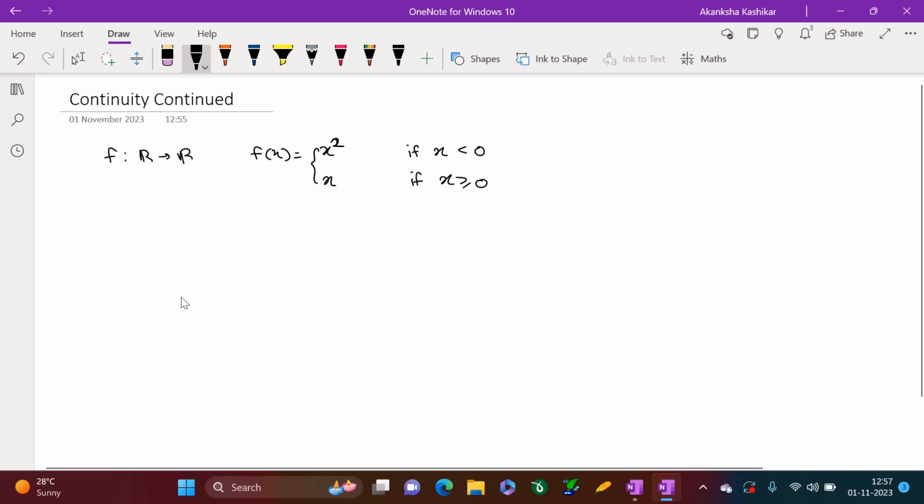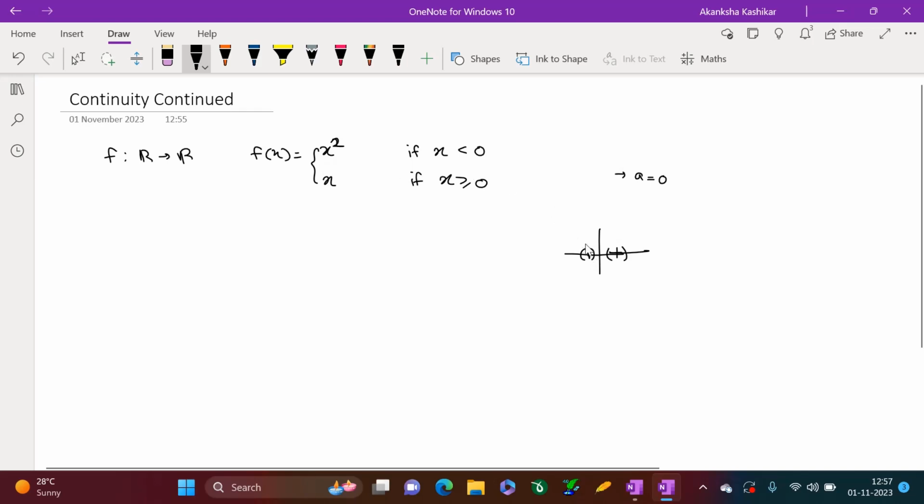The major issue might be at a equal to 0. Because if I'm talking about some point before 0 or some point after 0, I can always construct a neighborhood such that it lies on one side of the y-axis. As a result, when I have a point below 0, the functional form in that neighborhood will always be of the type x square.